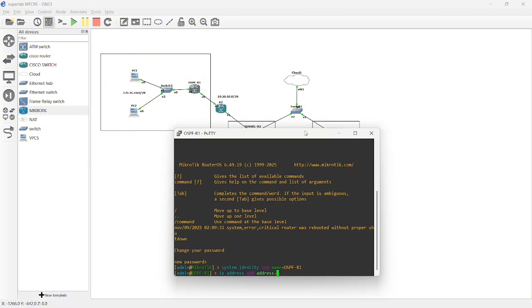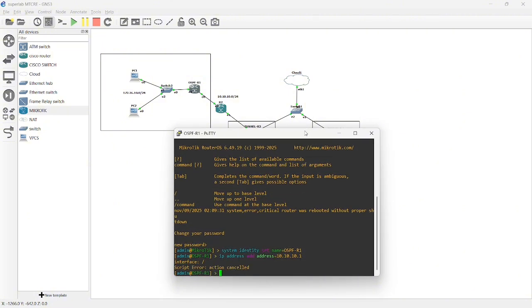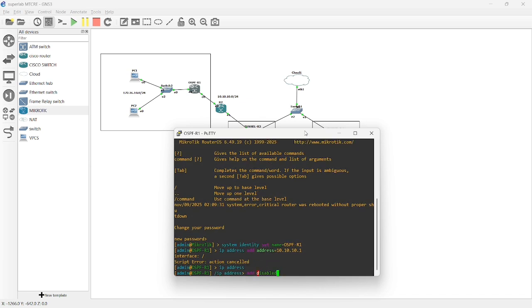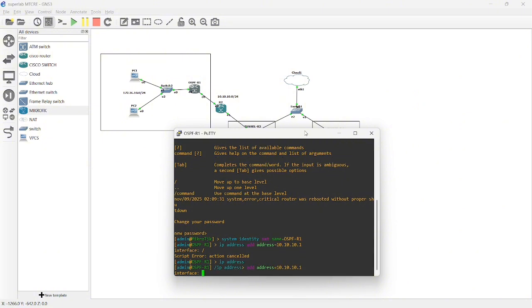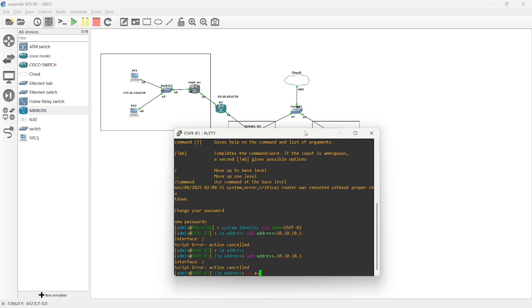Okay, we add the IP address. IP address from ether 1 and ether 2.